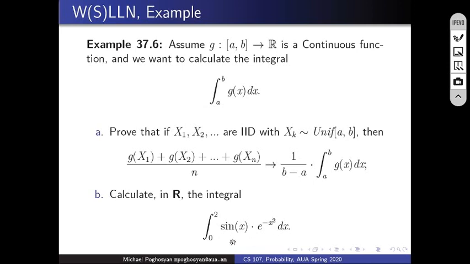Can you calculate this integral in another way, say by hand or by using some numerical methods? And I will use the basic Monte Carlo method to calculate this integral. First part, I want to prove this.